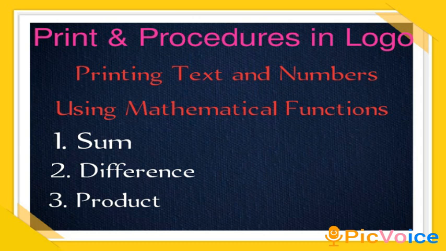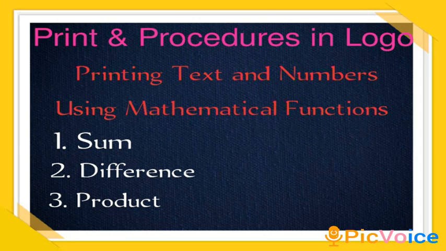Then let us see printing text and numbers. By using this language, how we can print the text and numbers. When we want to print a text or numbers, the command will be given in the command input box, and we should follow two steps.